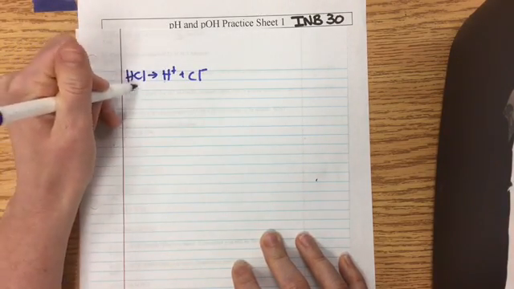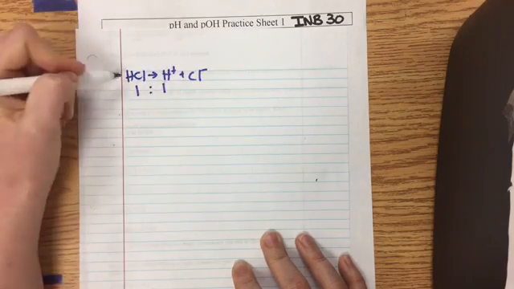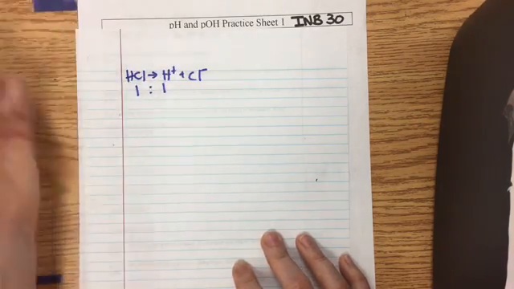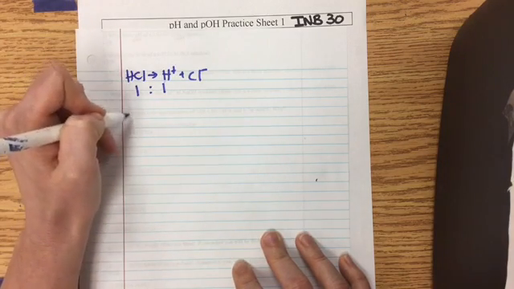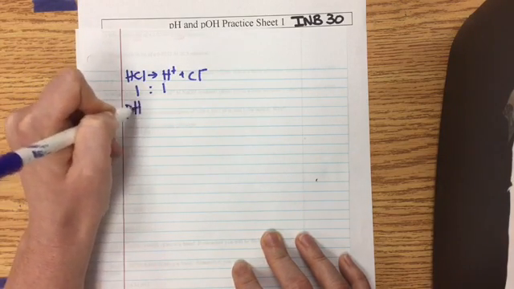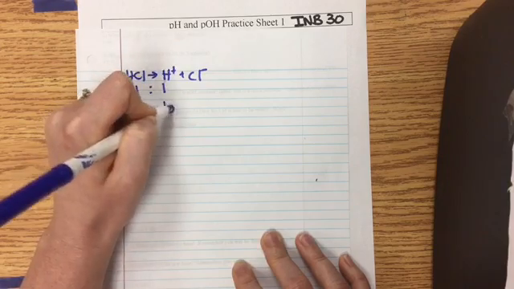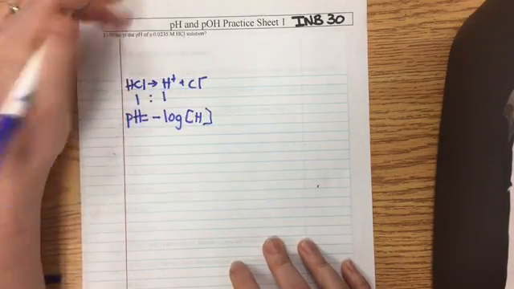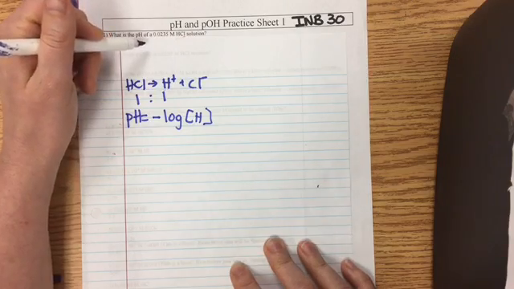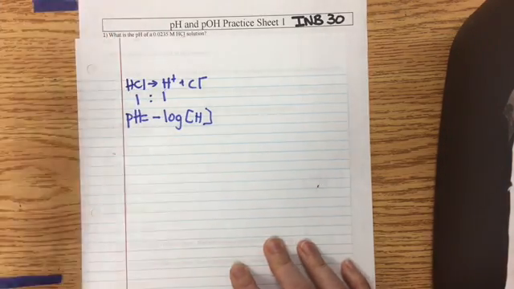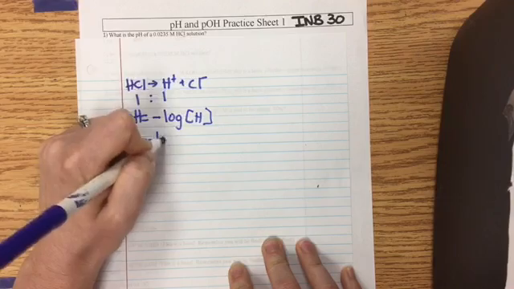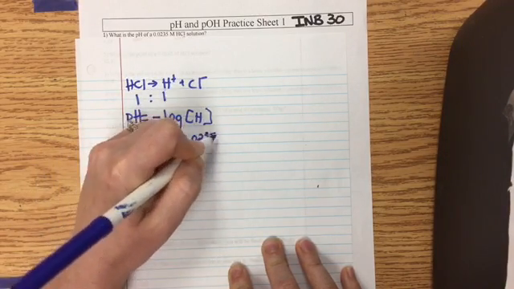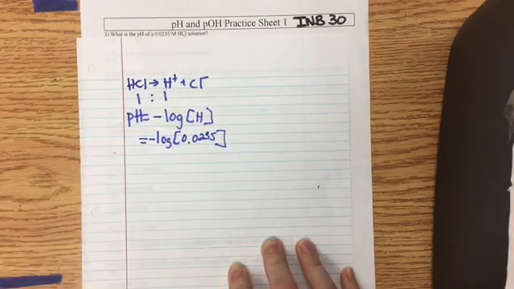This is going to be a 1-to-1 ratio because every 1 HCl gives me 1 H plus, so I can plug this into my equation. pH equals negative log of the concentration of H, and according to my problem, my concentration of H is 0.0235, so I'm going to say negative log of 0.0235 molar HCl.